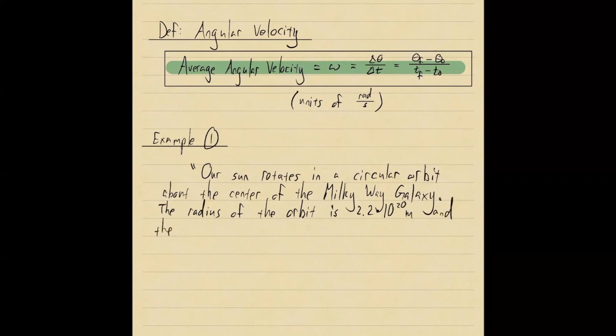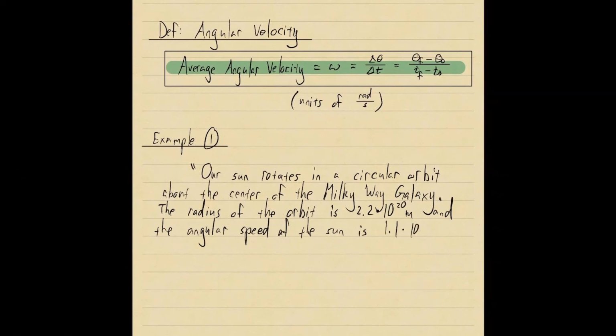The angular speed of the sun is 1.1 times 10 to the negative 15 radians per second. So it takes a really, really long time for this thing to go around the Milky Way galaxy one time.